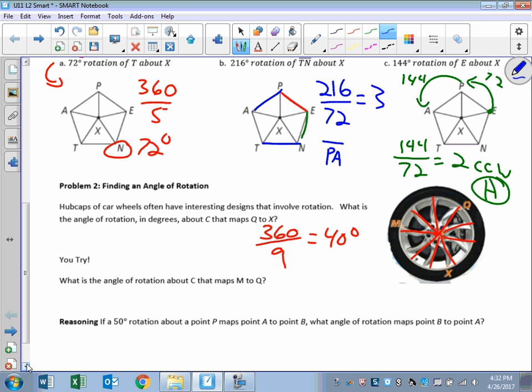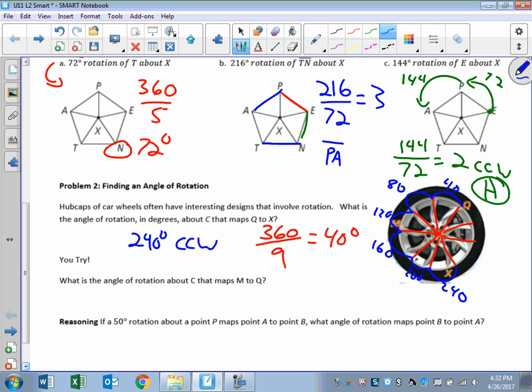So we got 1, 2, 3, 4, 5, 6. So that's 40, 80, 120, 160, 200, 240. So that would be 240 degrees counterclockwise. You don't have to say counterclockwise, but I just want to make sure I hammer that point home that if it doesn't say clockwise, it is counterclockwise.